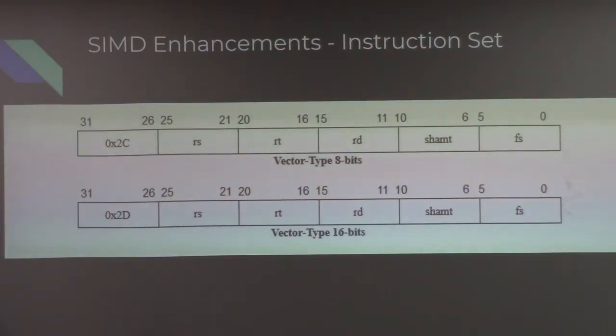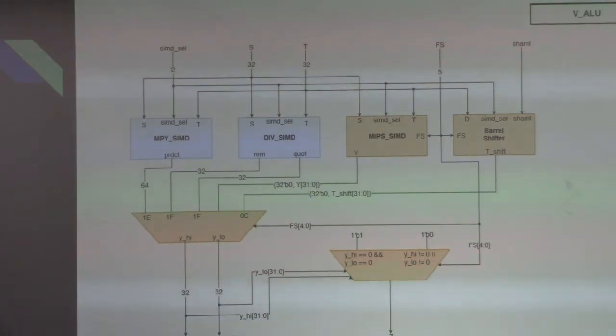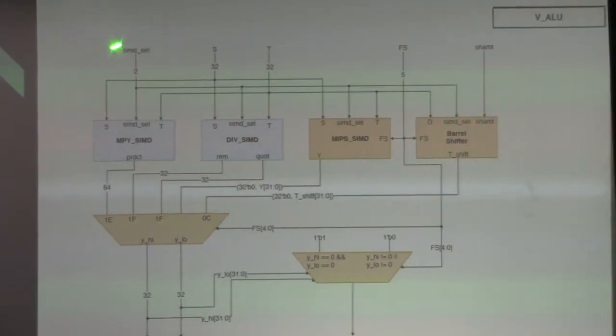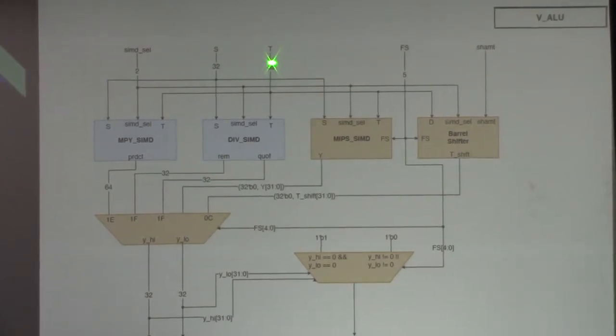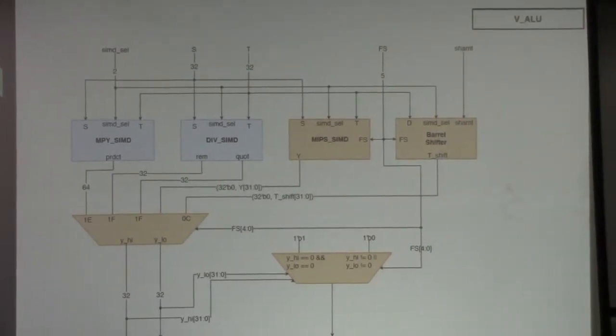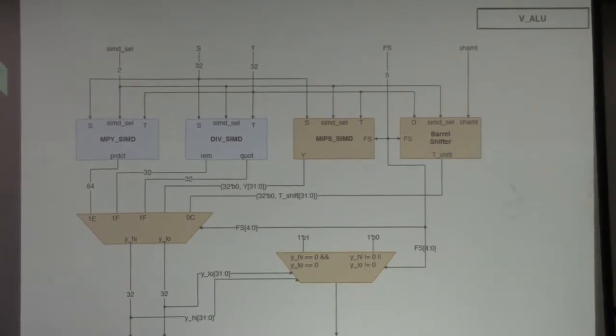Okay, yes, we're good. So this is our vector AOU. It's basically the same as our original AOU, barring the multiple flags except for Z. The modules in here have a concatenation of the S and T from the register.